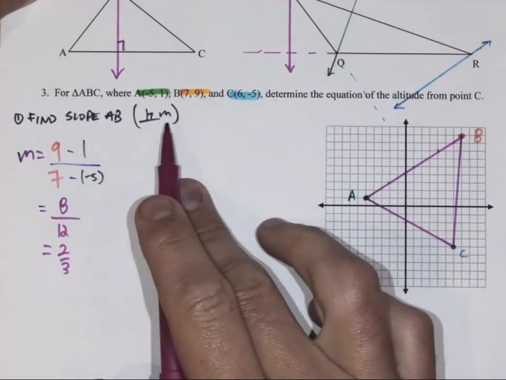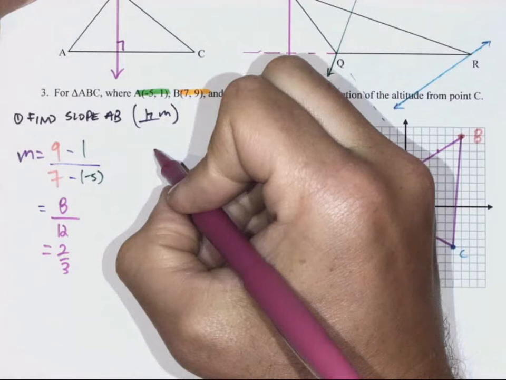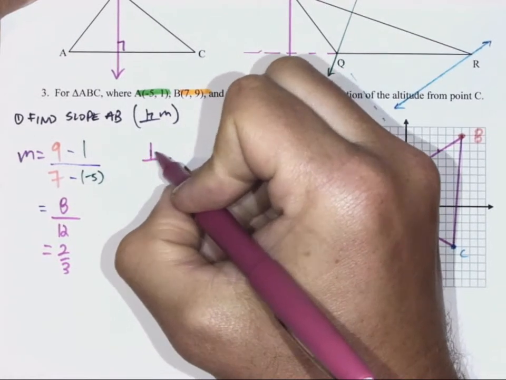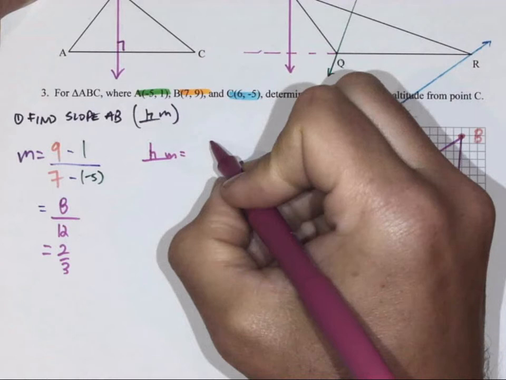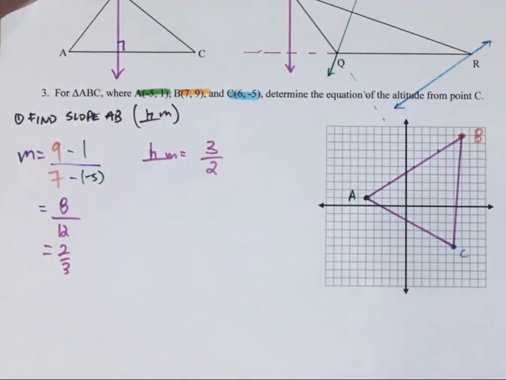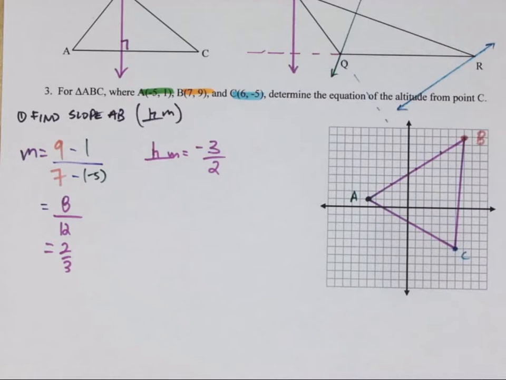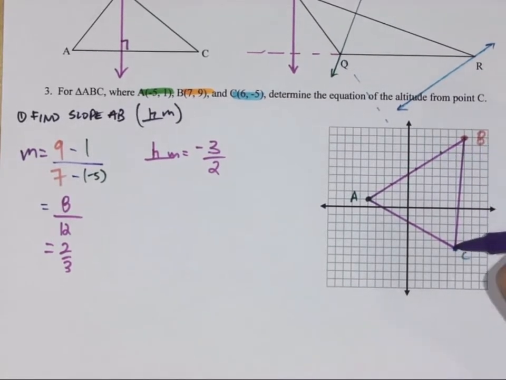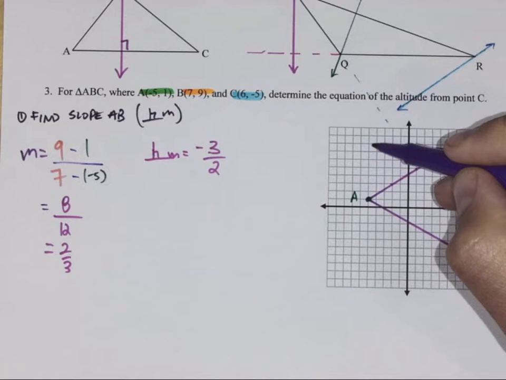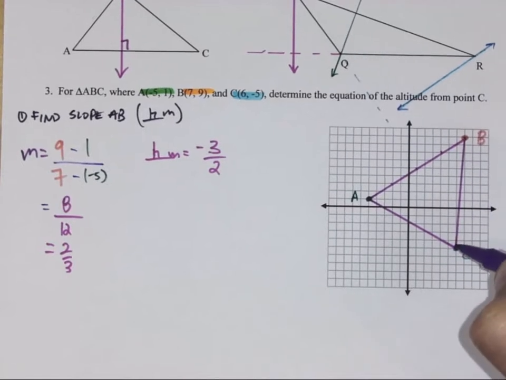Remember, we need the perpendicular slope. So we can say perpendicular slope or slope of perpendicular. 2/3, we flip that fraction, it's 3/2, and it's a negative. So right away, we know that the line is going to go from C and cross AB at negative. So that's our point.